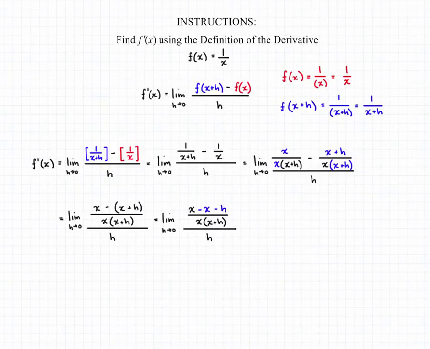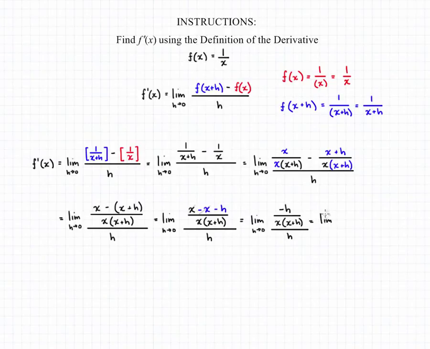And we can cancel the x and the negative x in the numerator. That's going to leave us with negative h over x times x plus h, all still over h.